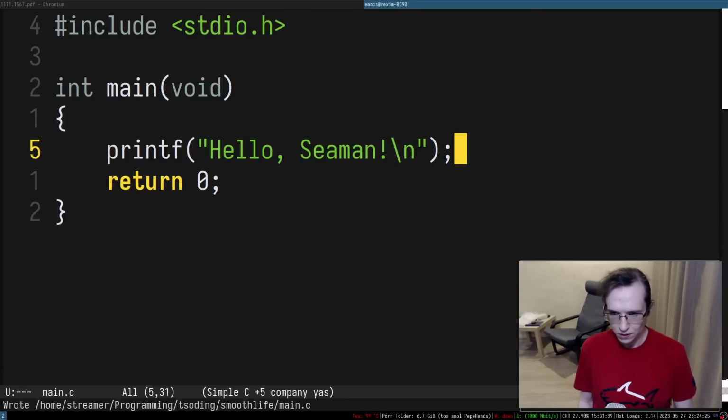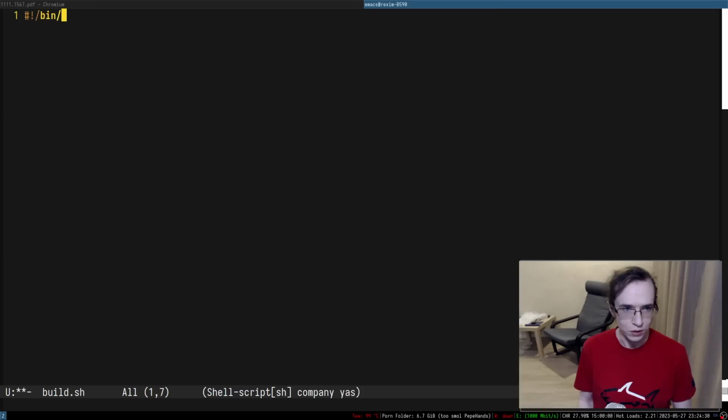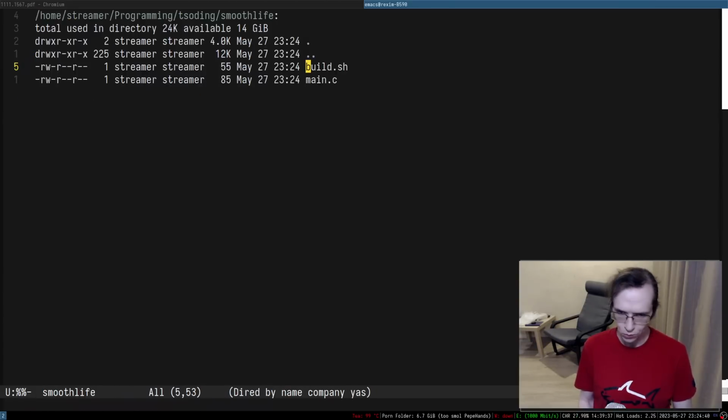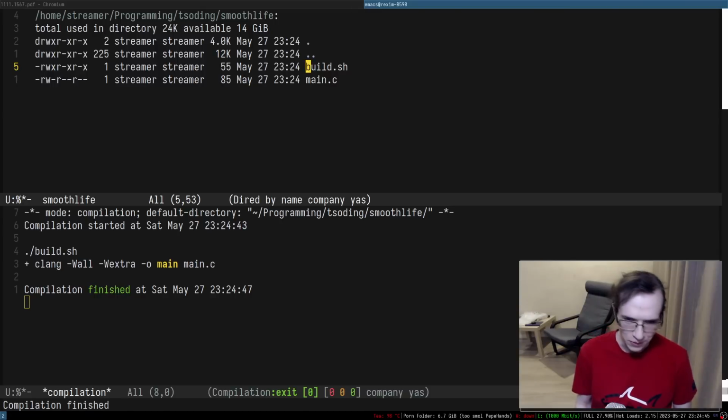All right, and let's do build.sh, and let's simply build this entire stuff. Main.c. Let's also enable all of the warnings, all of the extra warnings as well. Let's make this executable, and let's build this entire thing.